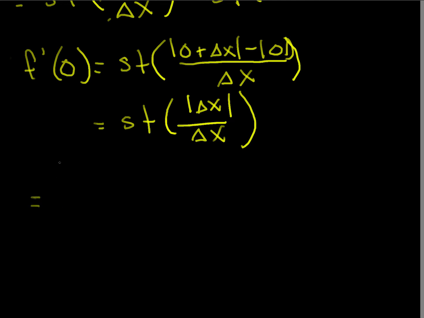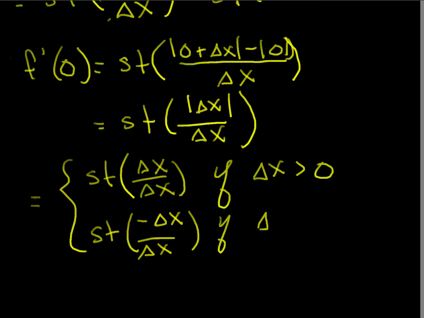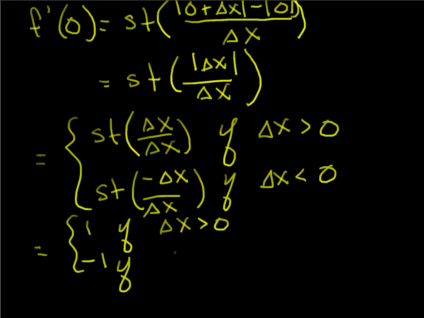So this is equal to the standard part of delta x over delta x if delta x is positive, and becomes the standard part of negative delta x over delta x if delta x is negative, which means this derivative is equal to 1 if delta x is positive, negative 1 if delta x is negative.